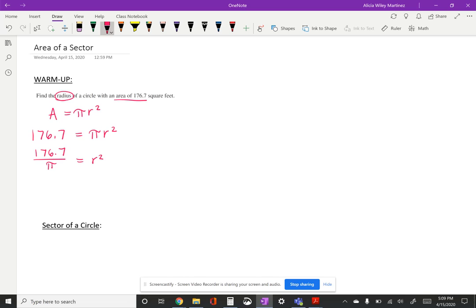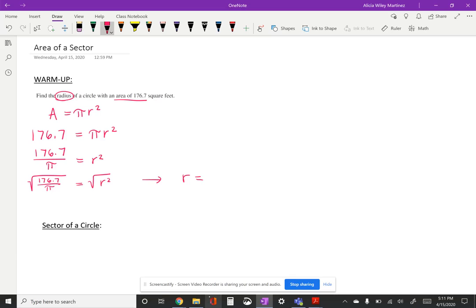And remember, what you're going to be doing with this value here is square rooting it. And if I square root r squared, I know that I'm just going to get the value of r. So putting that into my calculator, I'm doing that off of the screen here.